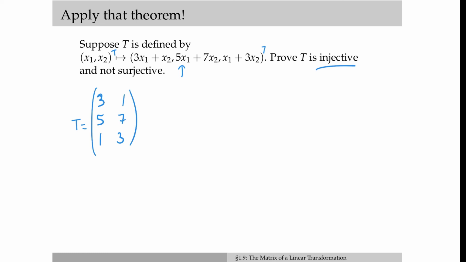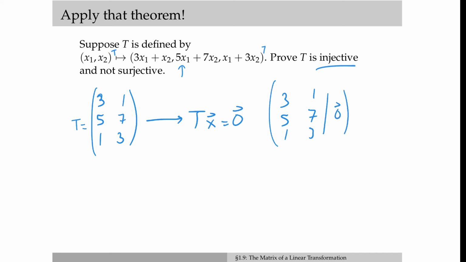All right, we need to determine the null space. We need to figure out what the solutions are for Tx equals 0. Well, that means I'm taking 3, 5, 1 and 1, 7, 3 and augmenting it with the 0 matrix. All right. Well, you can see here, will we have any free variables? Well, no, we won't. Why not? Because these two vectors are linearly independent.